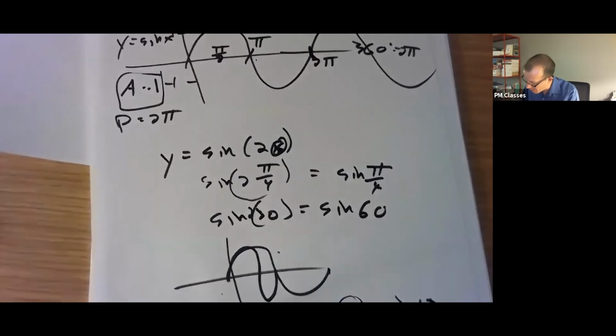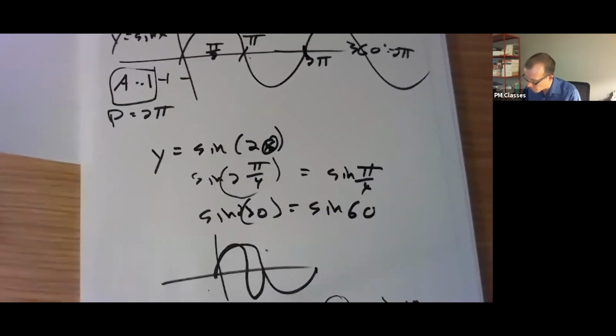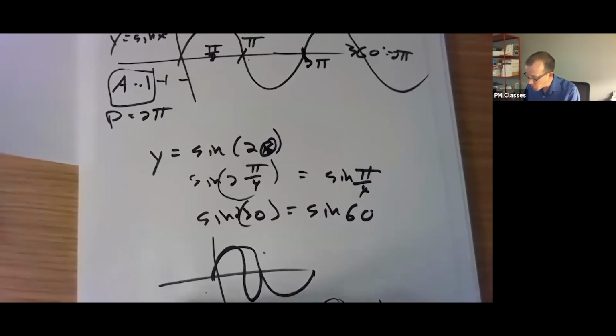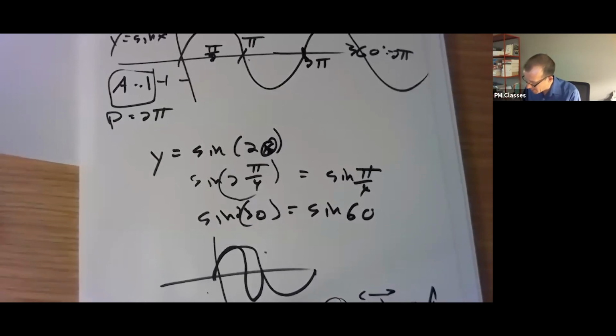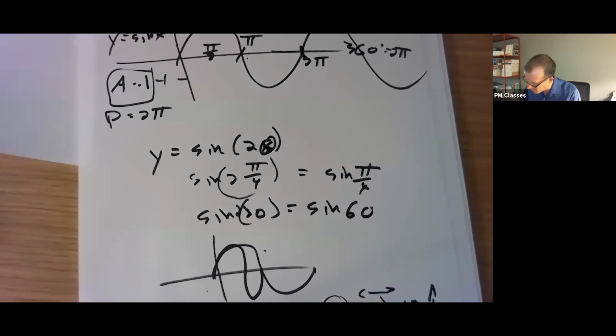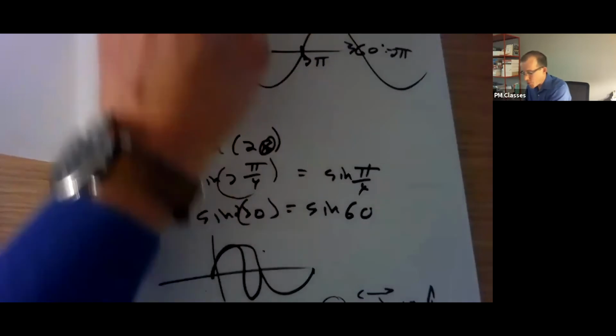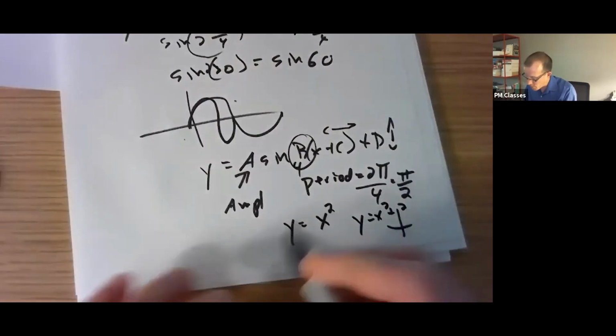If there's a 4 there, then the period is 2 pi over 4, which simplifies to half a pi. Okay? These things don't show up too much, but this basically creates a side-to-side shift, and this makes a vertical shift, just like if you had y equals x squared versus y equals x squared plus 2.